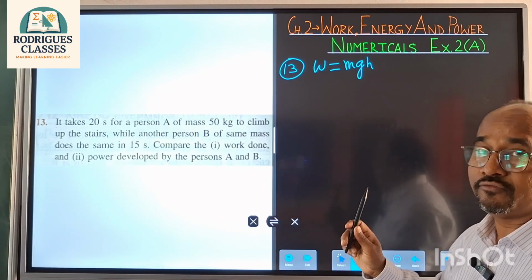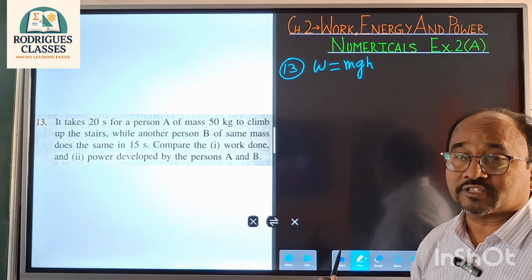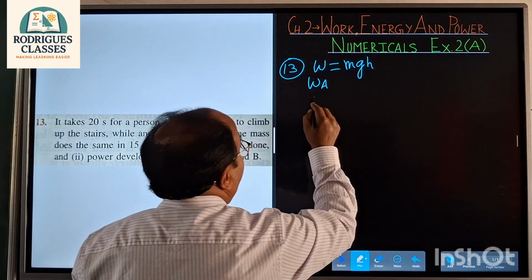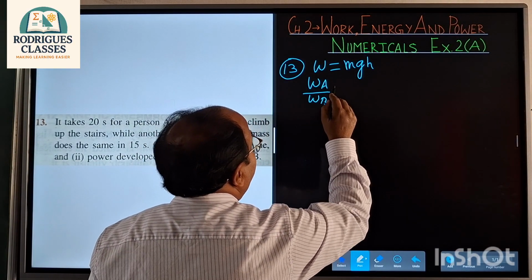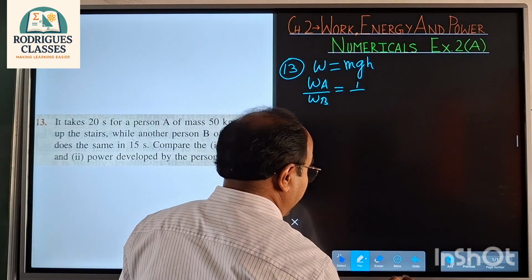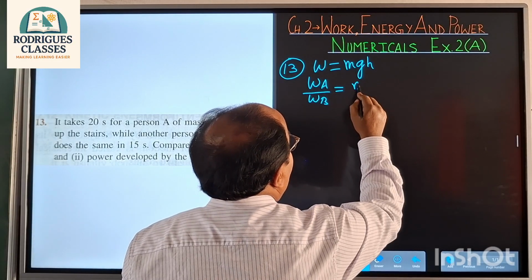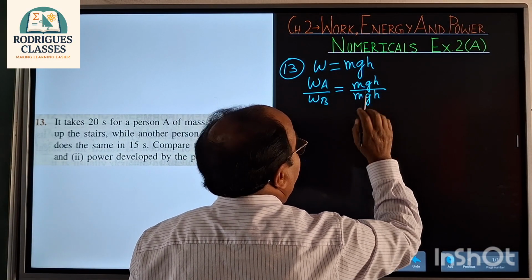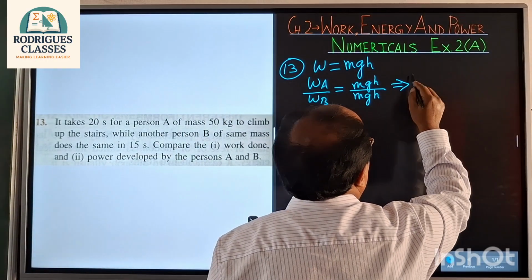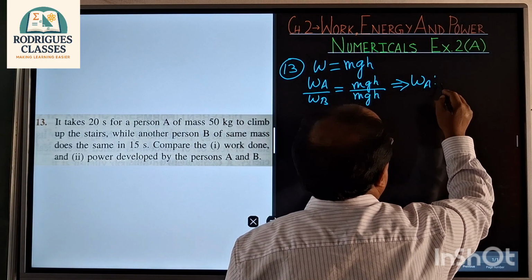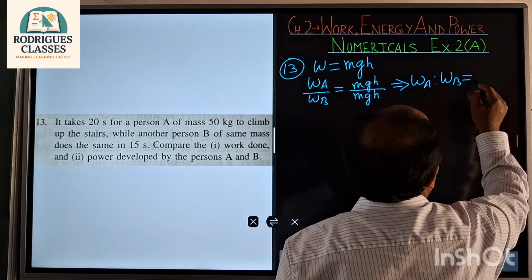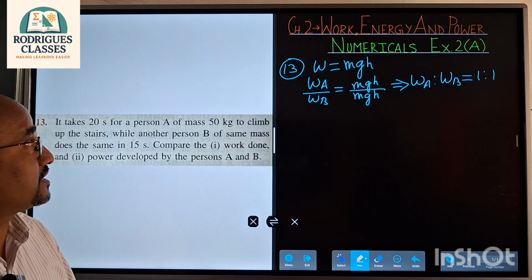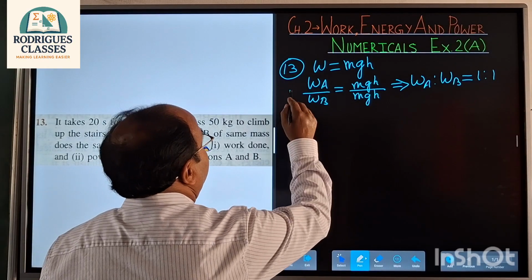So the work done for both person A and B will come the same. I will write it like this first: work done by A by work done by B is mgh by mgh, so both will get cancelled. So I get work done by A to work done by B as 1 is to 1. Both of their work done is the same. So this was the first part.